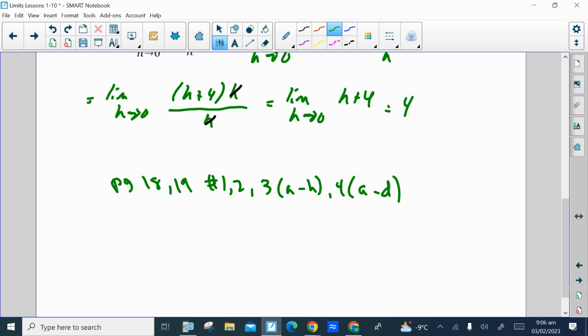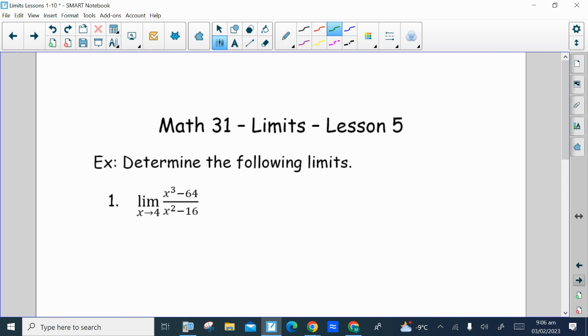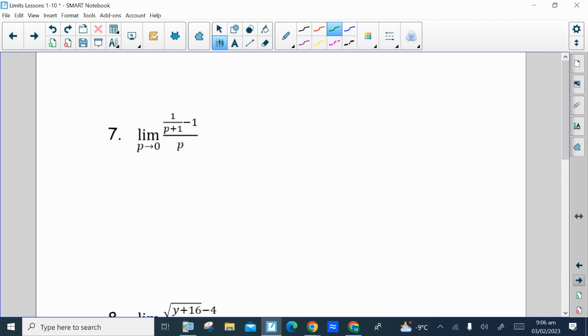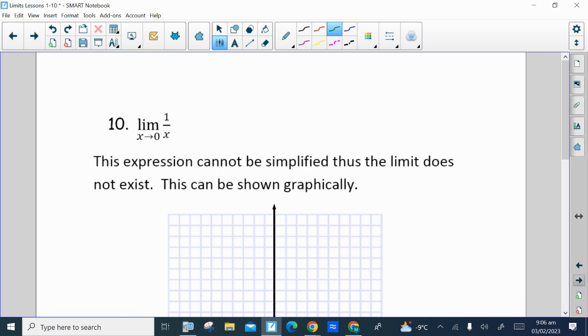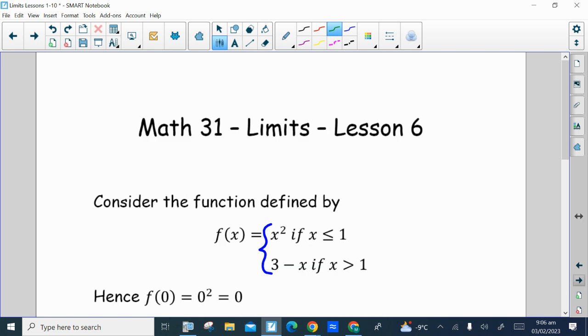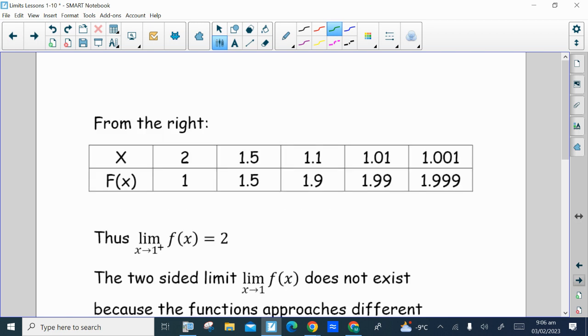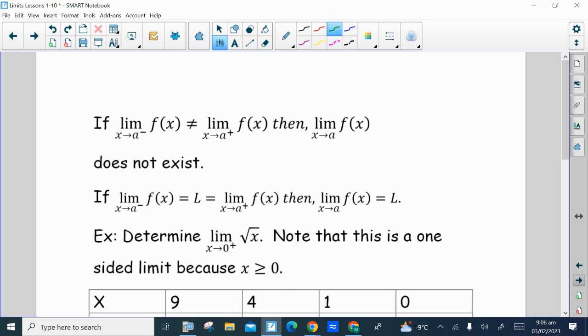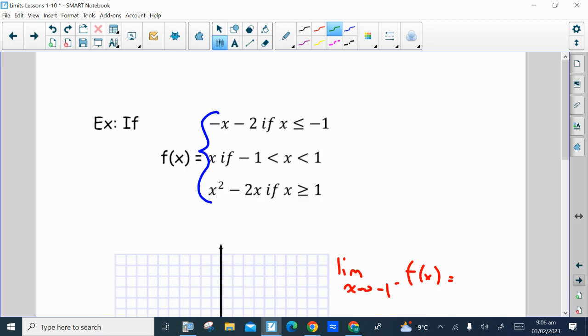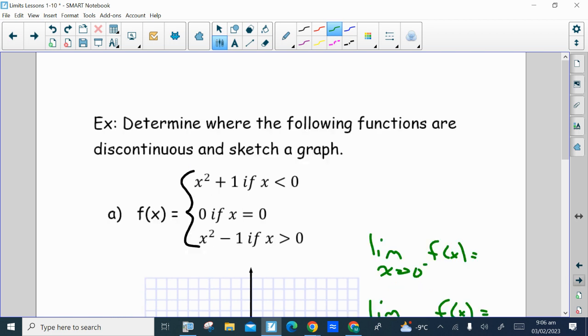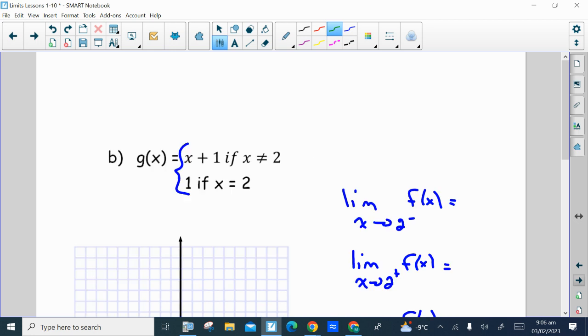So we'll do some more of these on Monday, evaluating limits, again using some of the tricks that we've learned about already. And then I think we're having a quiz on Tuesday just on limits. Okay, I'll confirm that and let you know, but I think that's the plan.